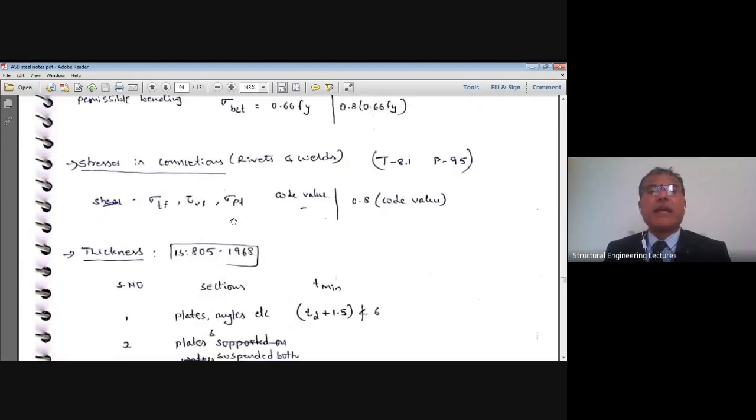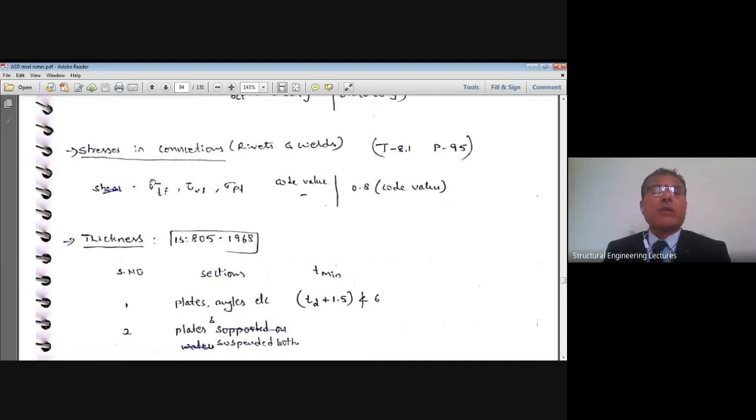Then stresses in connections such as rivets or bolts or welds. Now, for the rivets, I'll refer back to IS 800 1984, table 8.1 from page number 95. There I do have the permissible stress in tension, shear, and bearing for power-driven shop rivets and other rivets, right?